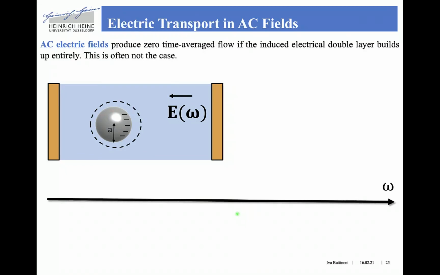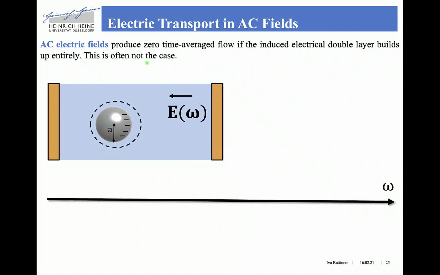However, according to what we said so far, AC fields are kind of hopeless, since they will always produce a zero time-average flow if the induced electric double layer builds up entirely. However, this is often not entirely the case.